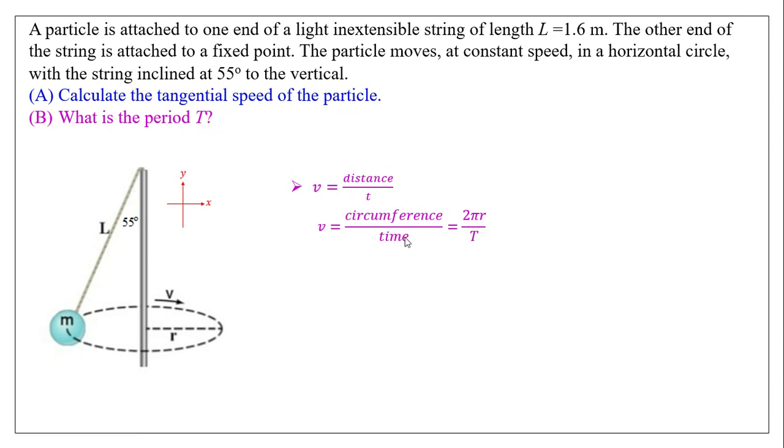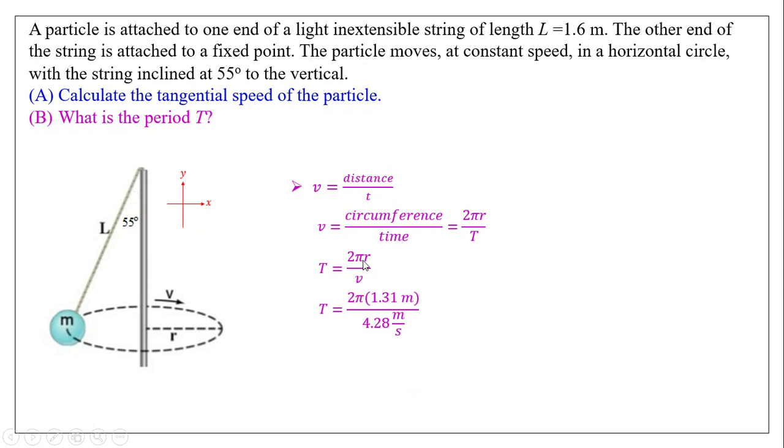Well, T here is just capital T. The time that it takes to complete one revolution or one cycle is known as capital T. Therefore, I can move T up to the left side because I'm trying to solve for it, and then I'll move v down to the bottom right. So we say that T is equal to 2 pi r divided by the tangential speed.